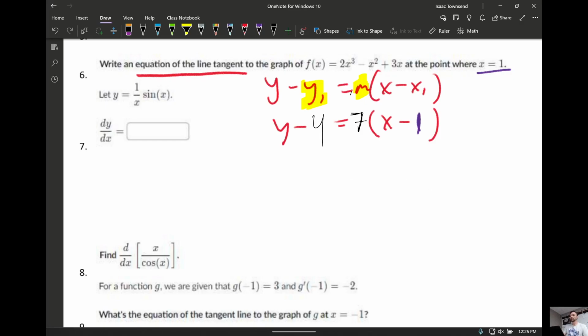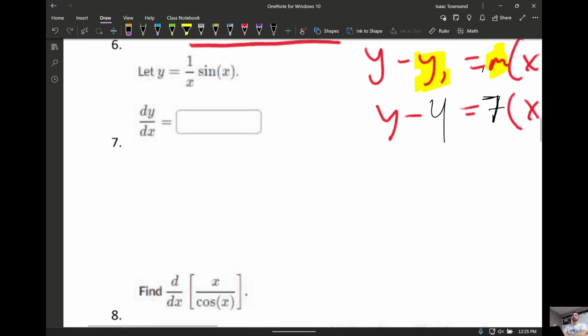Okay, again, I didn't pick out these questions, I just picked out the most missed ones. What rule would we need to get the derivative in question 7? Christian, what rule would we need? Quotient, right? No. Product, something? 1 over x is being what to sine x?